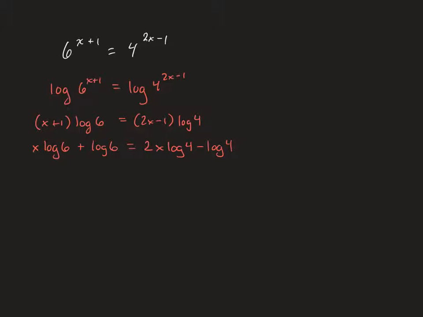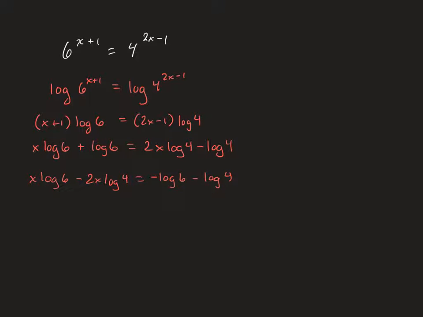Then I'll collect the x terms on one side and everything else on the other. So I get x log 6 minus 2x log 4 equals negative log 6 minus log 4.